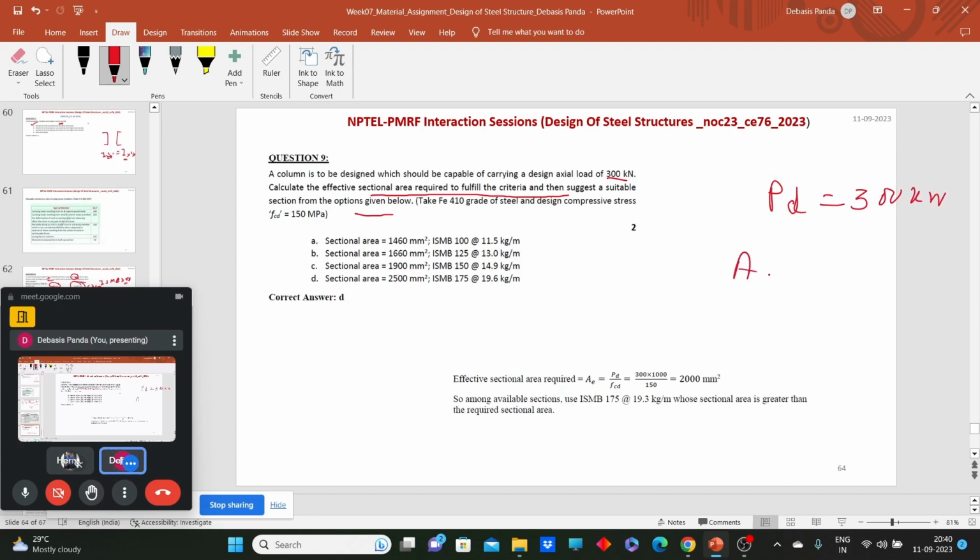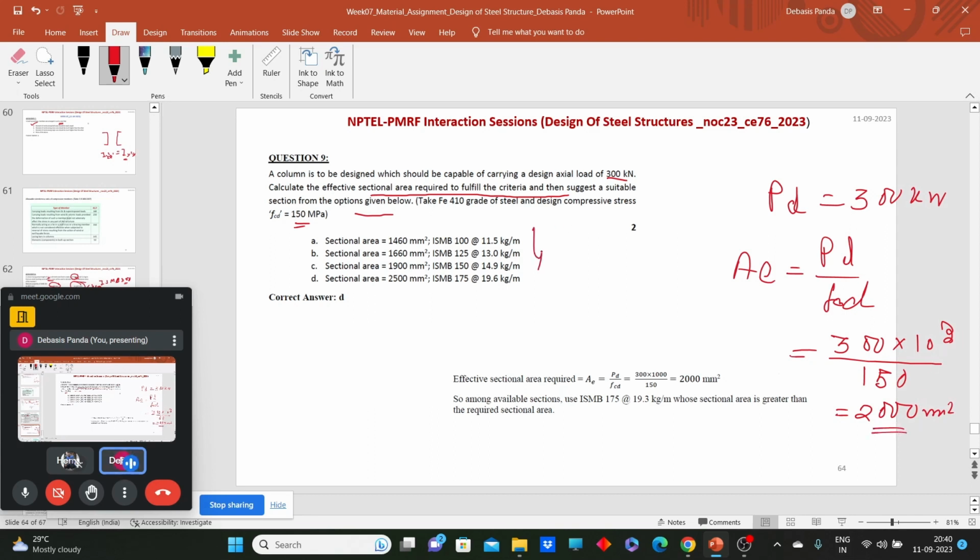So just calculate A required, PD by FCD. Now the FCD value is given, 150. The PD value is 300, that means 300 into 10 cube, in Newton, divided by the FCD value 150, and if you calculate, it comes as 2000 mm square.